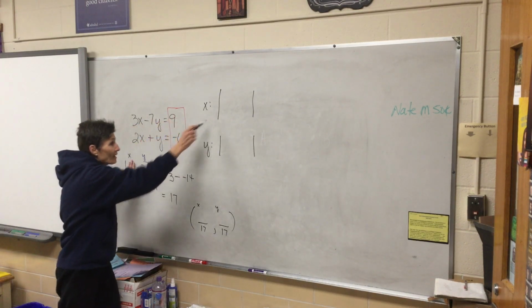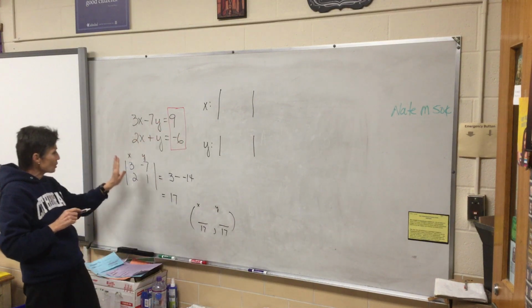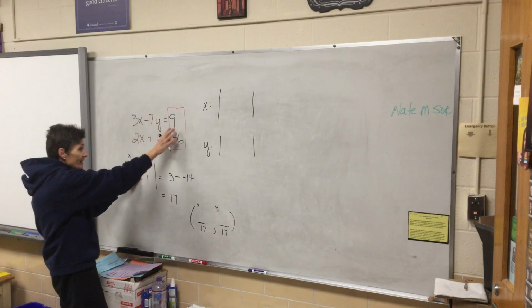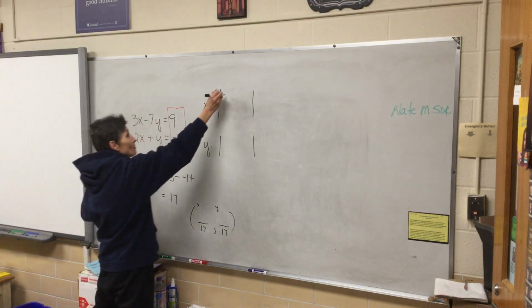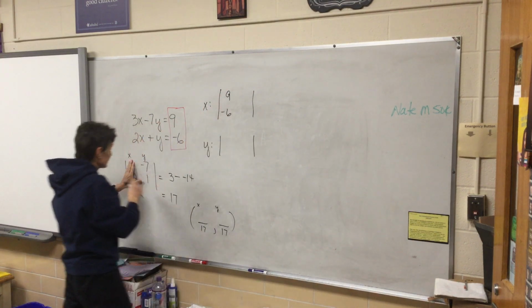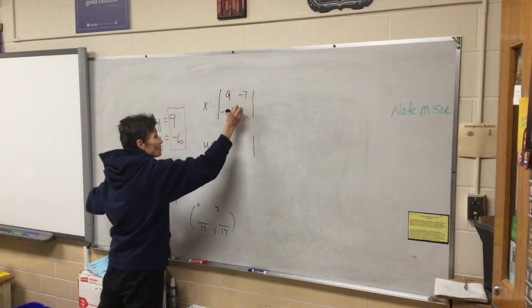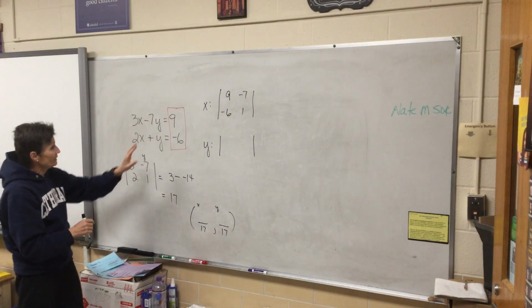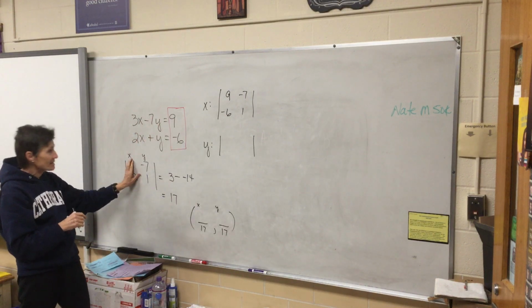When you're finding x, you paste these on top of x. So that determinant, if you can imagine that, cutting that out and pasting it here, is going to have a 9 and a negative 6, and then the negative 7 and the 1. I don't switch anything around. I literally cut and paste.